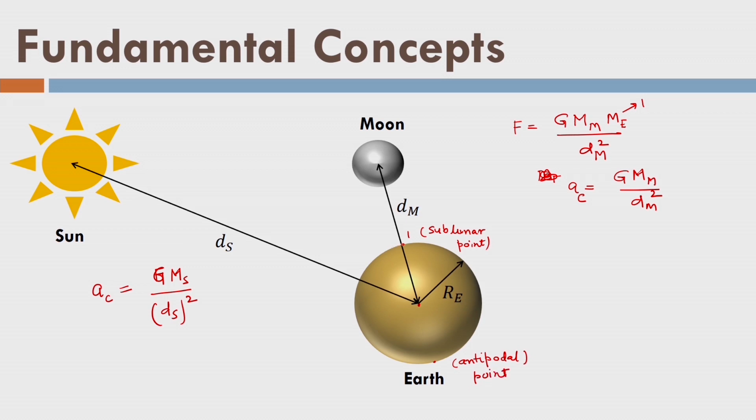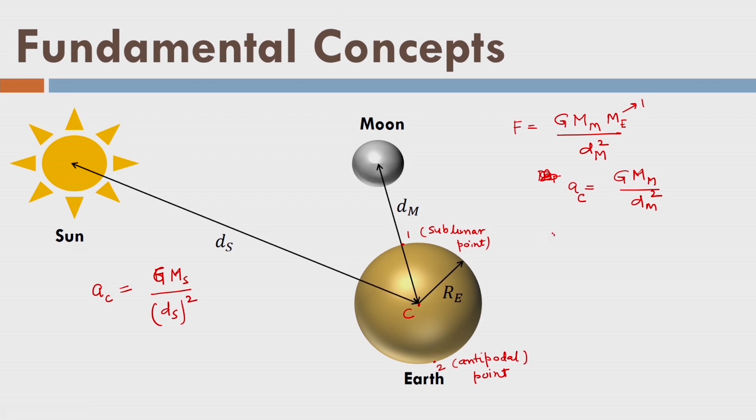Now you can see that point 1 is much closer to the Moon compared to point 2, which is farthest from the Moon. If there is a center C here, compared to the center, point 1 should have higher acceleration and point 2 should have lower acceleration.